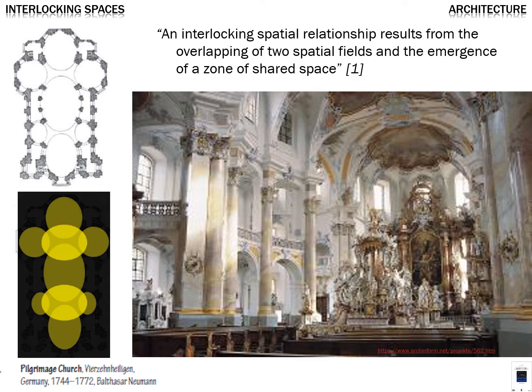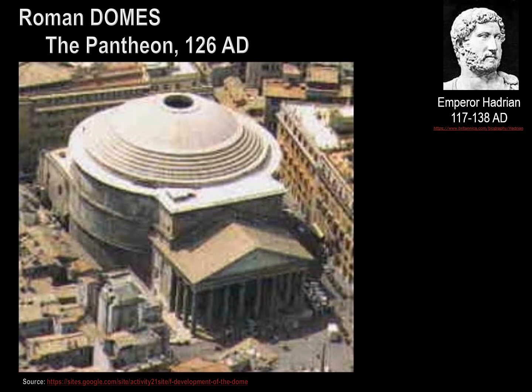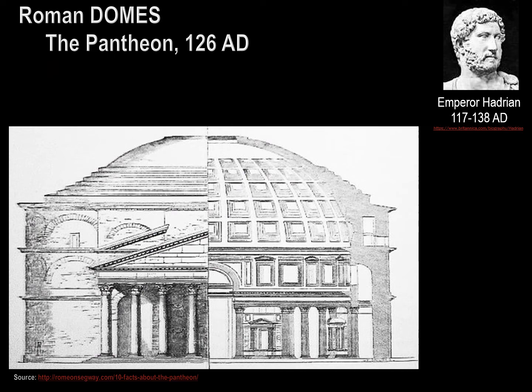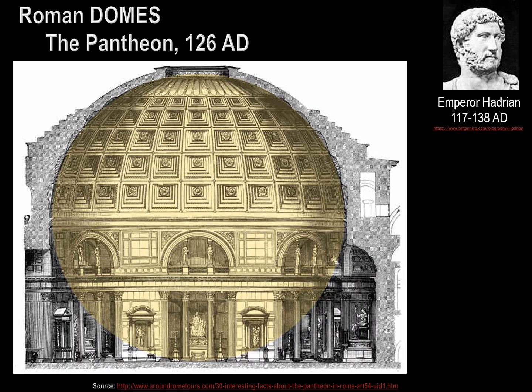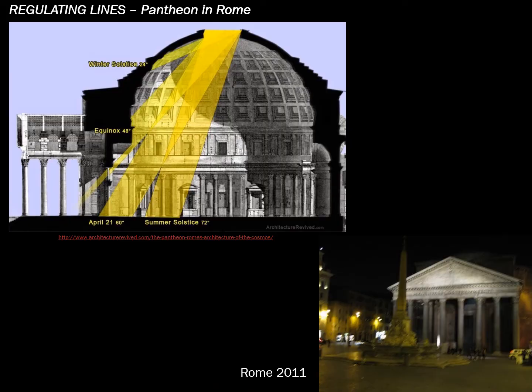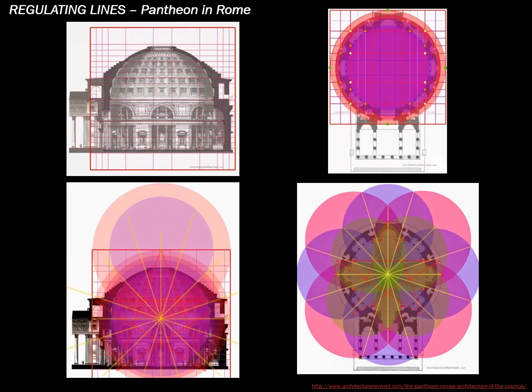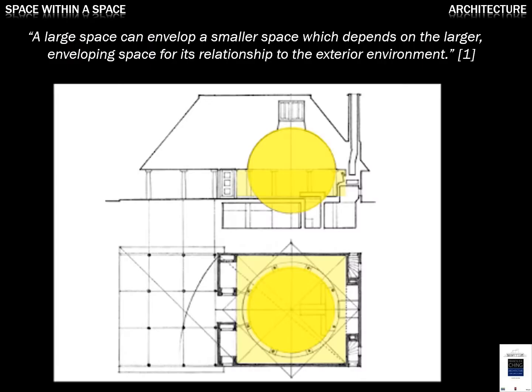making a unified space. This is the Pantheon in Rome. The defining space within is a sphere. Also some regulating lines with the sun coming through the oculus, the hole in the ceiling. Regulating lines you can see in the shapes, how they relate.